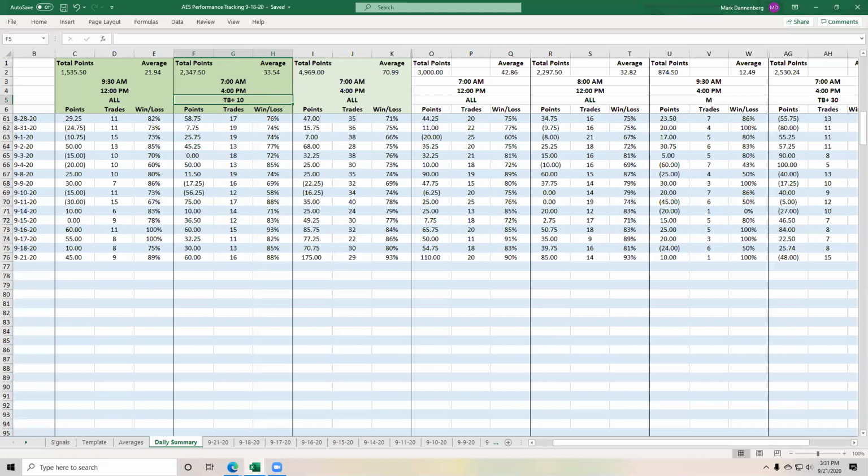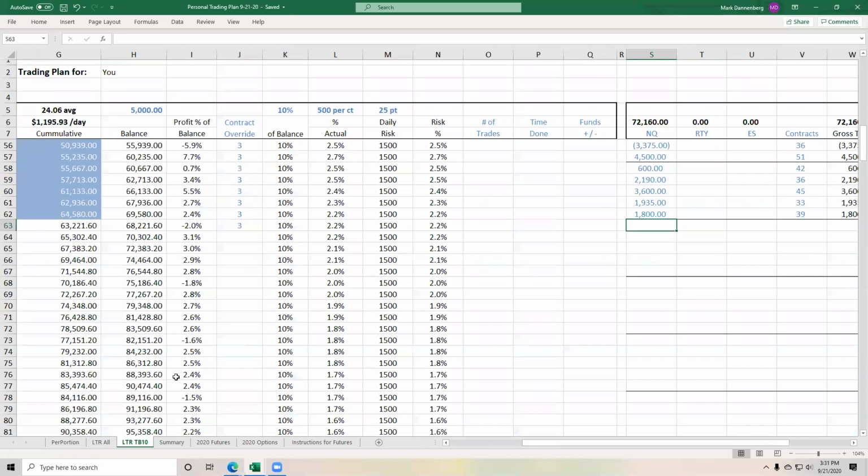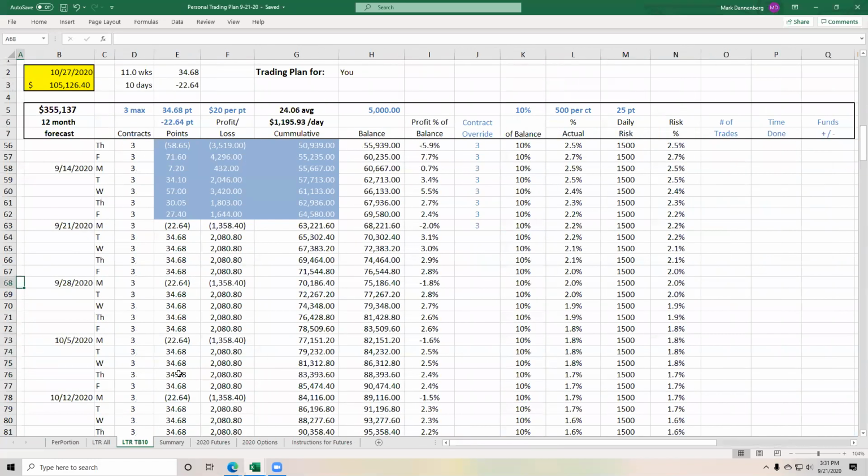But before I talk too much about the numbers here, I'm going to jump to the personal trading plan. Now, if you've not seen this before, this is basically a sophisticated financial forecast tool that was designed specifically for traders.